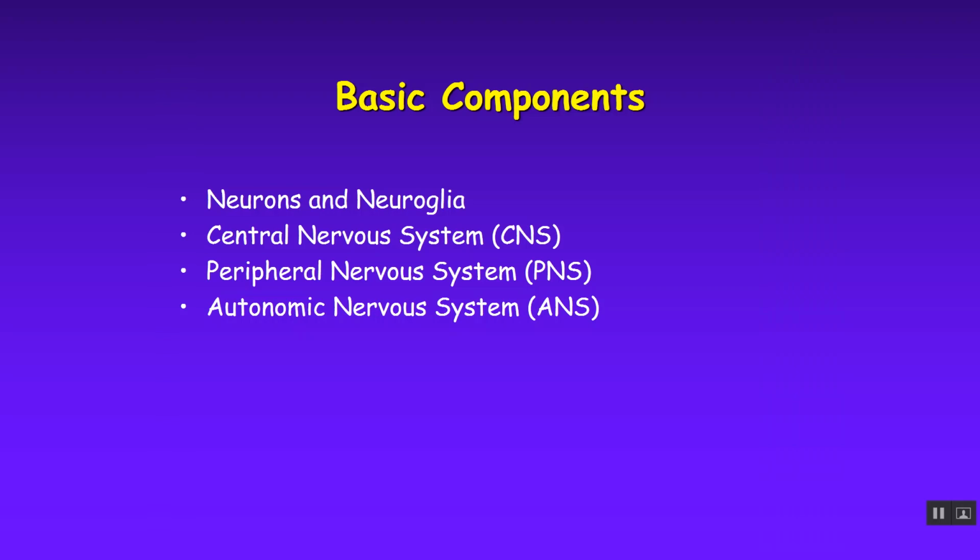So the major basic components of the nervous system start with just the neurons, the cellular level individual neurons, and the neuroglial cells. That's the basic component.